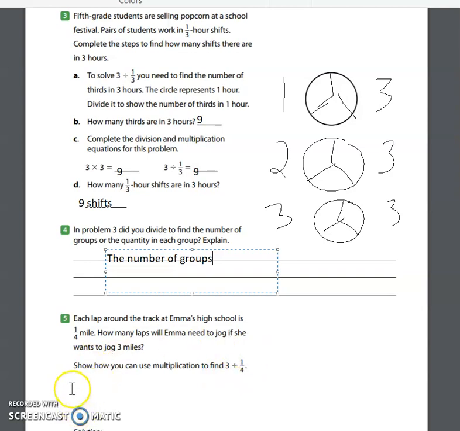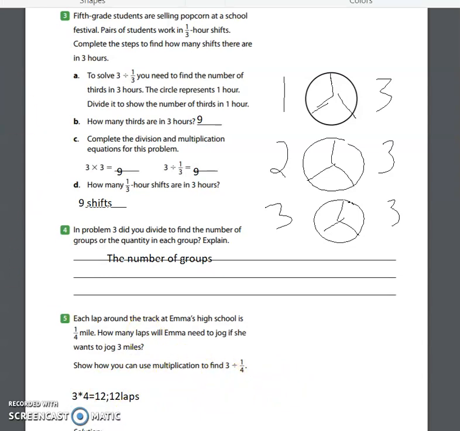So to use multiplication, I know I could just keep my 3 the same, change my division to a multiplication and get the reciprocal of 1/4, which is 4 over 1, which is the same as 4. So that's 3 times 4, which would equal 12, which is the same as the 12 laps.